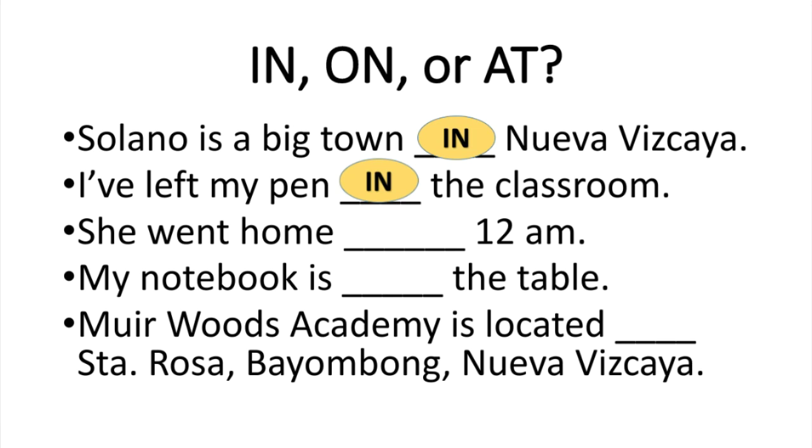She went home at 12 a.m. 12 a.m. is a time. My notebook is on the table. So you are referring to a flat surface. Your Woods Academy is located at Santa Rosa, Bayombong, Nueva Vizcaya because you are referring to an exact address.